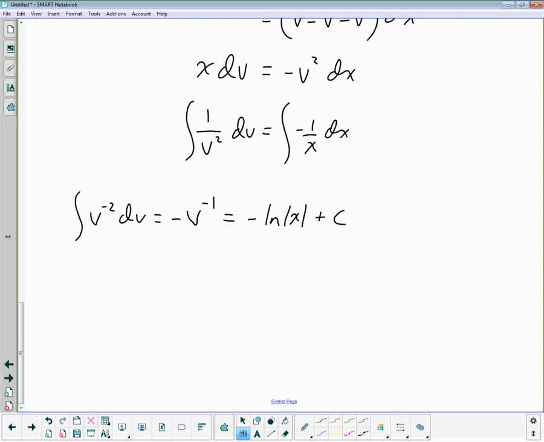And now we basically undo the substitution that we had before. So we have negative v is equal to y over x, the negative 1 right there. We have the negatives. I'm just going to go ahead and knock out my negative signs if that's okay, so we don't really need them anymore. And we have the natural log, absolute value of x, plus c.